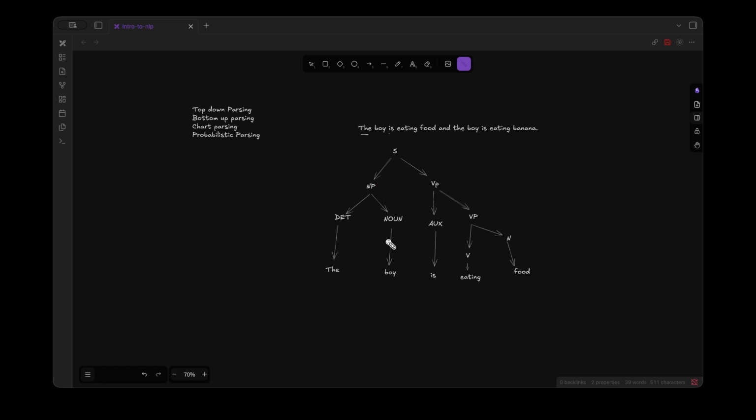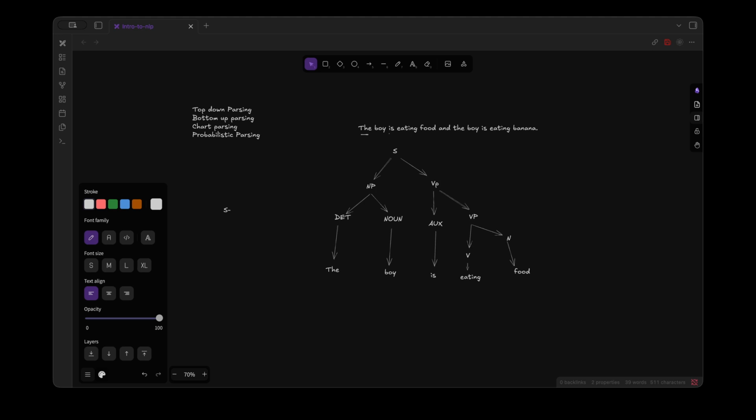So in chart parsing, we store the entire thing right here. S produces NP and VP. NP produces a determiner and a noun. This is mostly like a table of results.